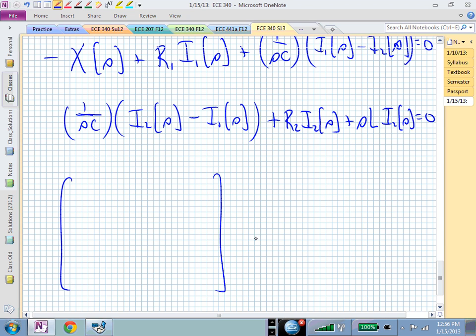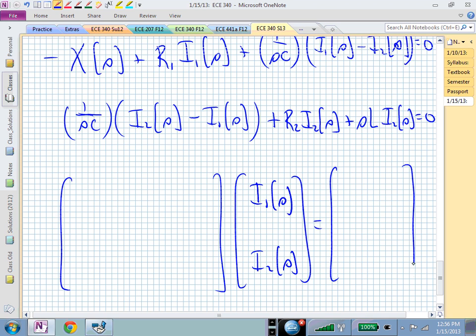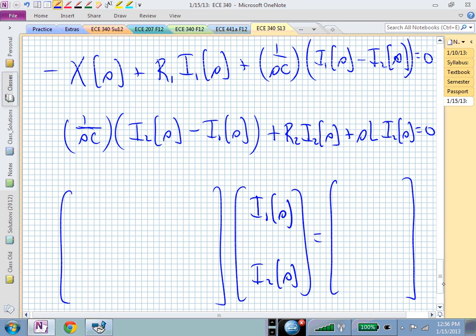We could now say I have something times I1, something times I sub 2, all equaling my inputs. From the first equation, I have R1 and a 1 over SC all scaling I sub 1.